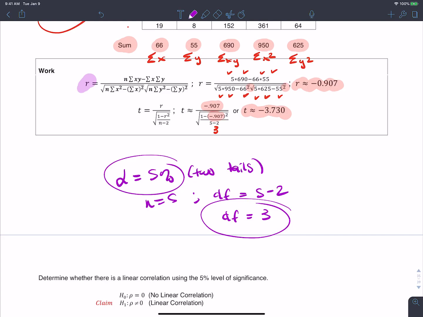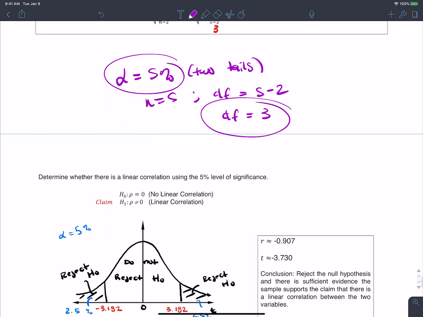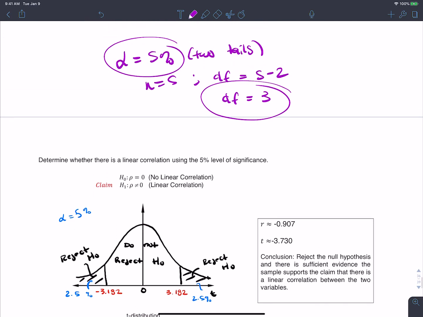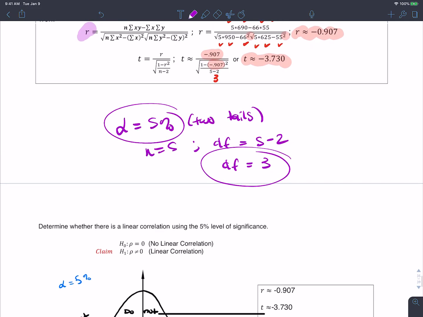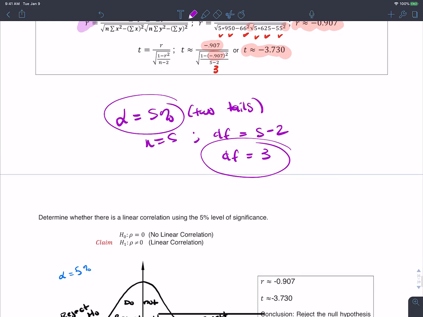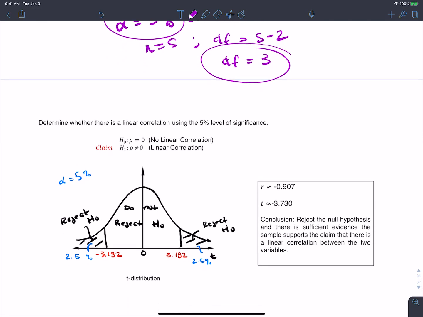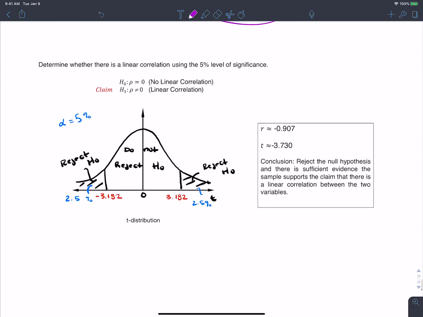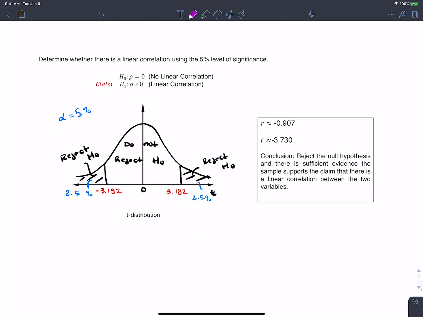You're looking at a t table, small sample, right? Isn't it minus 1 for the degree of freedom? Not for linear correlation, it's minus 2. Okay? And so, if you check your t table, you'll find negative 3.82, positive 3.82. These are our critical values.